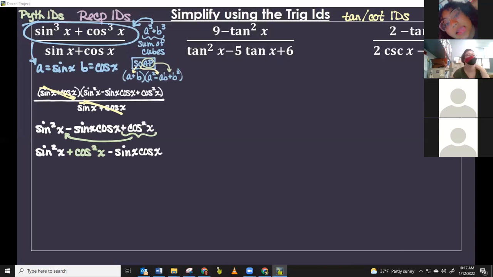Is it one of the Pythagorean identities? Yes, it is. That is a Pythagorean identity. My Pythagorean identity is sine squared x plus cosine squared x equals what?